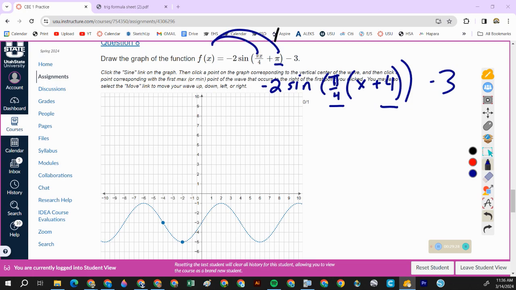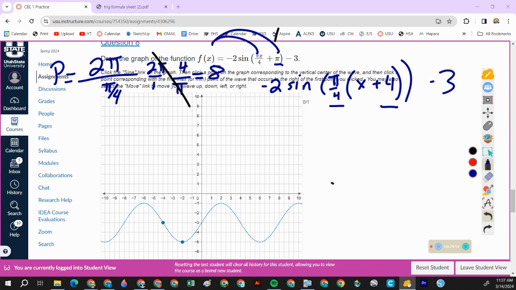How many 1/4ths are there in 1? 4 of them. Okay. So my period is 2 pi divided by my a term, pi over 4. So invert and multiply, 2 pi over 1 times 4 over pi. My pi's cancel, and my period is 8.